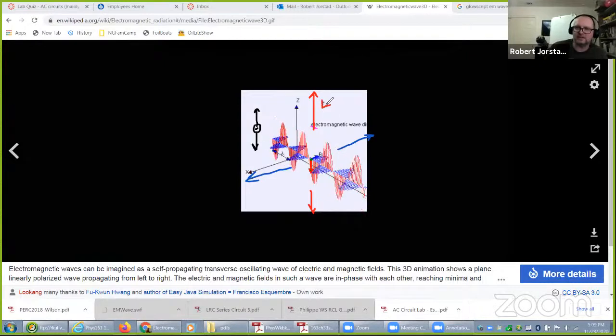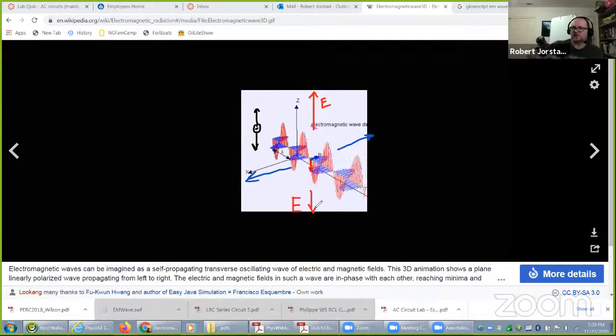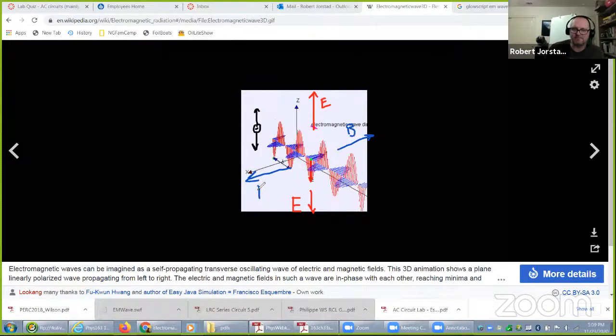So the electric field is going to wiggle in the same plane as the electron. In theory you could do it with a plus charge too, but normally you do it with an electron and an antenna. The magnetic field is perpendicular to that. So we have this magnetic field here.